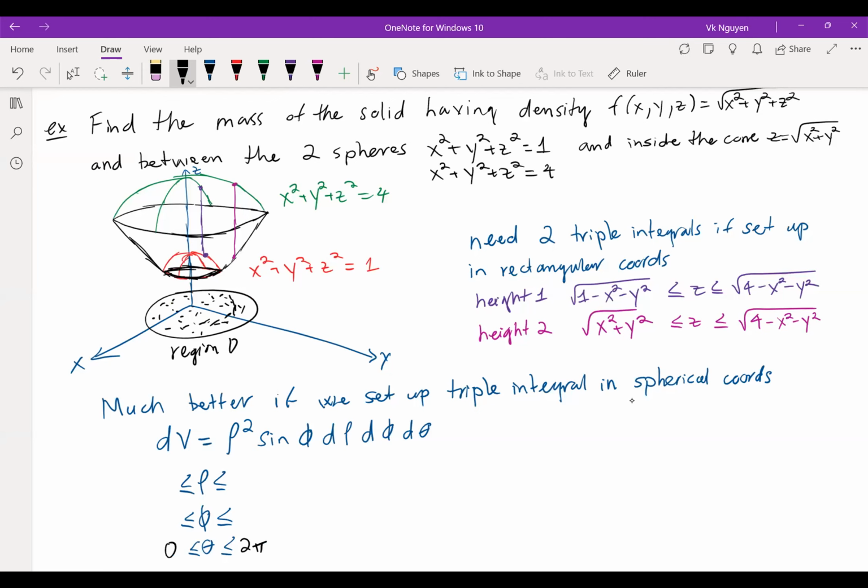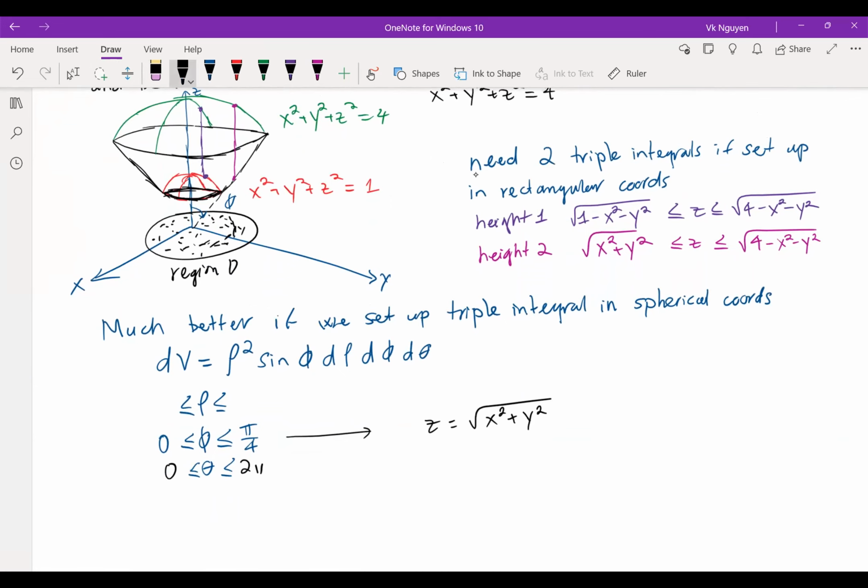Theta is 0 to 2 pi. This is the angle phi right here. Phi is from 0 to pi over 4. You can actually work it out. So we take z equal to root of x squared plus y squared.